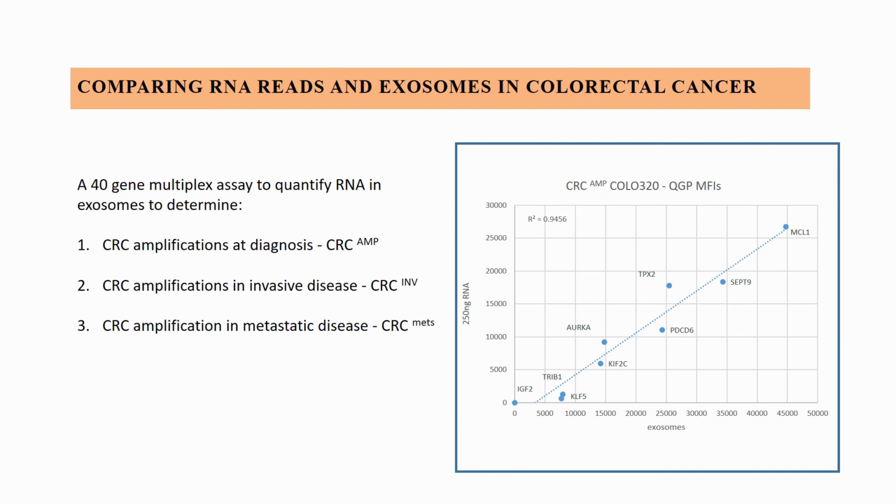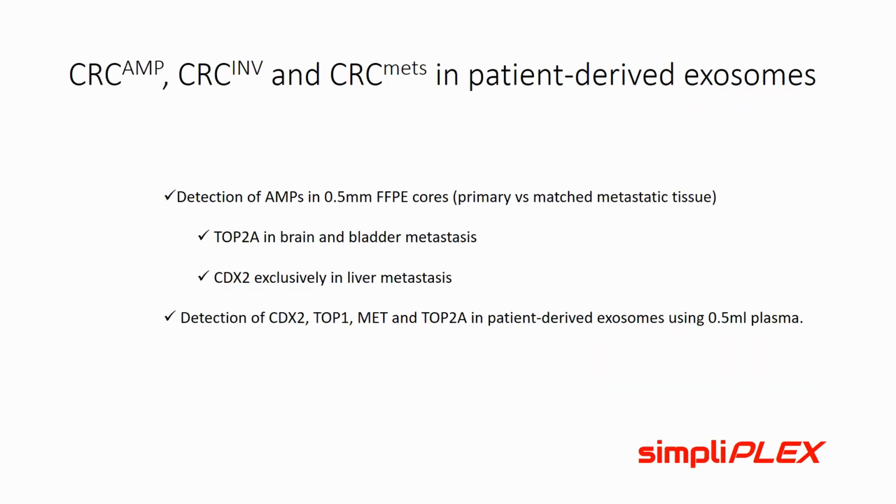Well, we didn't stop there, so we have set up a workflow to isolate them now from patients. In addition, we also can detect the AMPs in 0.5 millimeters of FFPE cores, and this we showed the result before, primary versus metastatic tissues, in which we found these different gene amplifications in metastasis.